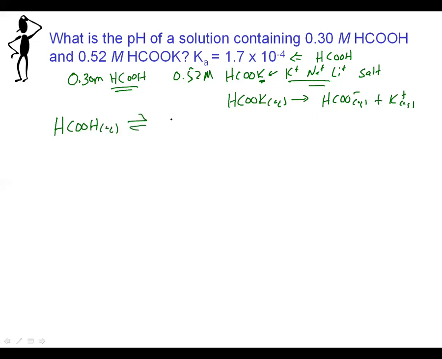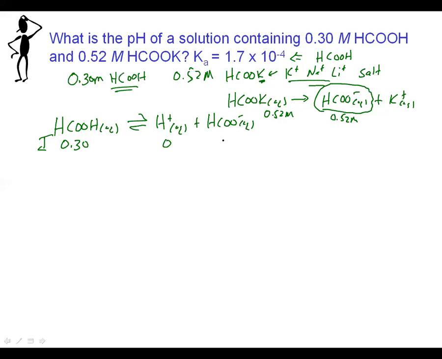It would look something like this. And again, this would be our common ion here. Since we know this is 0.52 molar and it's a one-to-one relationship, this would also be 0.52 molar. If you chose to do this through the ICE table, it should look something like this.